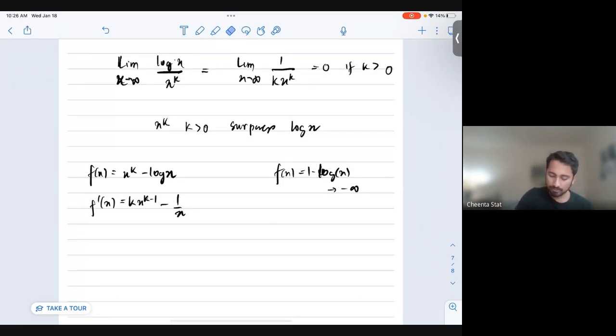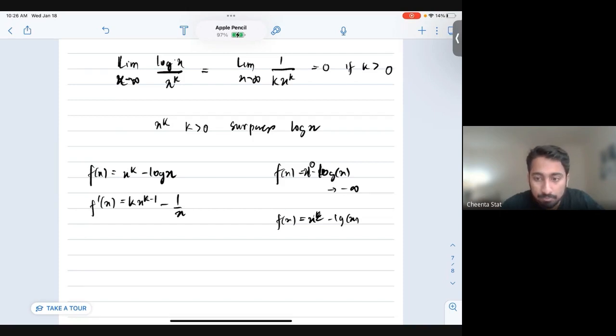And therefore, if you take x to the power of some k or epsilon minus log x, this will also go to minus infinity, for a small change from 0. From x to the power 0, it will also go to minus infinity for some time, and you can show it on the graph. It's interesting to look into this.